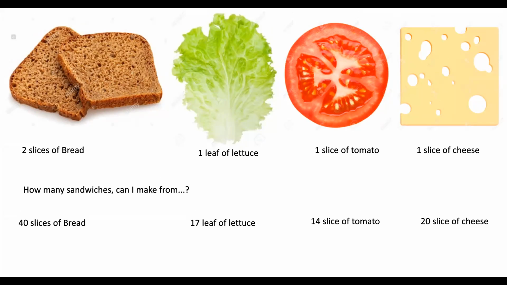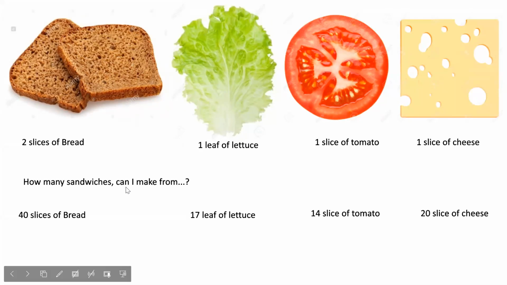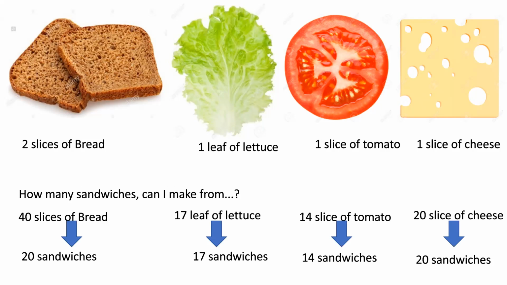So how many sandwiches would I be able to make from 40 slices of bread, 17 leaves of lettuce, 14 slices of tomato, and 20 slices of cheese? So if you think about it, from 40 slices of bread, how many sandwiches can I generate? 20.